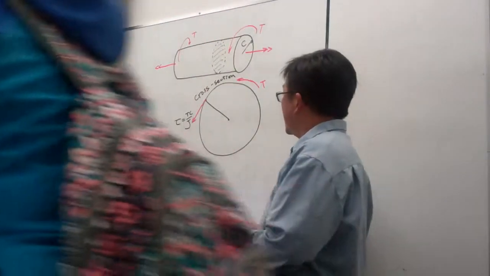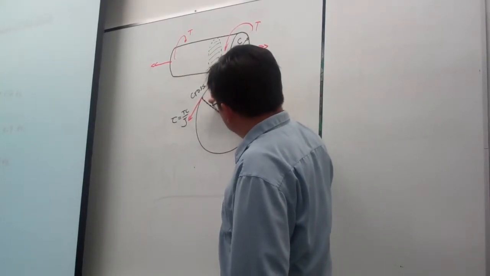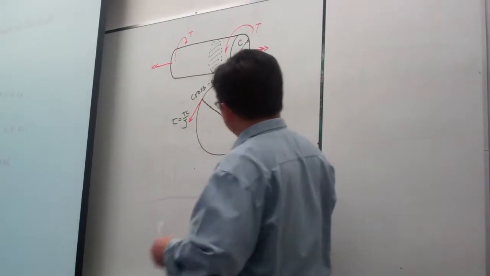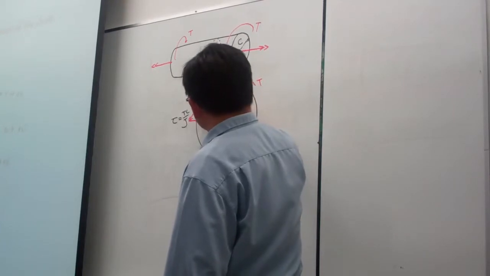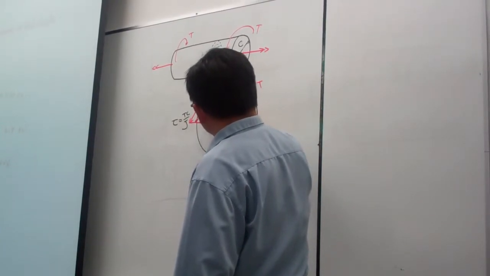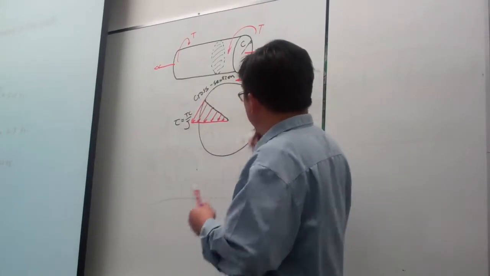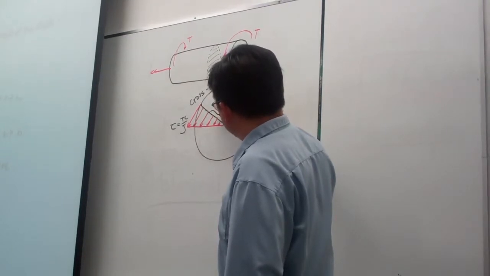For any other point inside the cross section, the magnitude of the shear stress is a linear distribution. So we can identify any radial distance, for example rho.